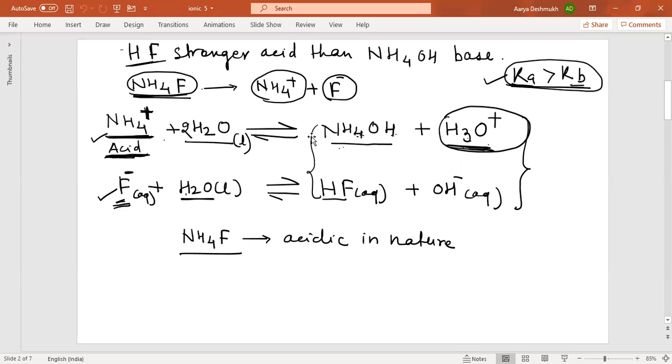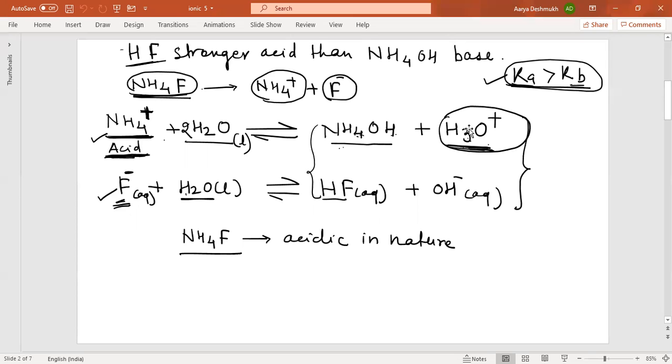Just to balance the reaction, we have to make this twice. Now F minus undergoes hydrolysis. It will give HF plus OH minus ion. So you can see here NH4 plus ion, that is ammonium ion, hydrolyzes to a slightly greater extent than fluoride ion. That is, the reaction produces more protonium ion than OH minus ion.